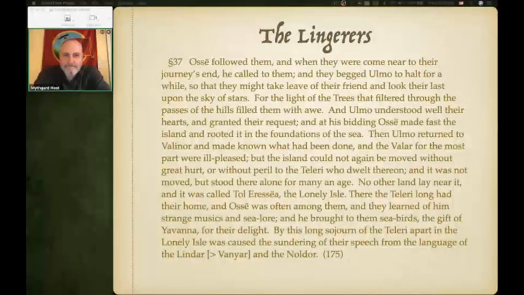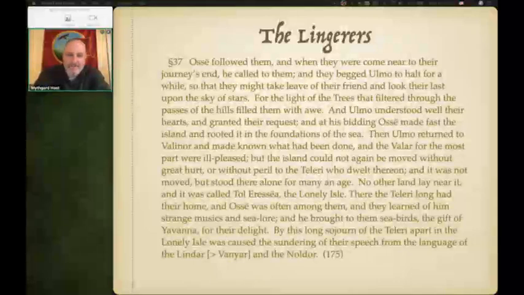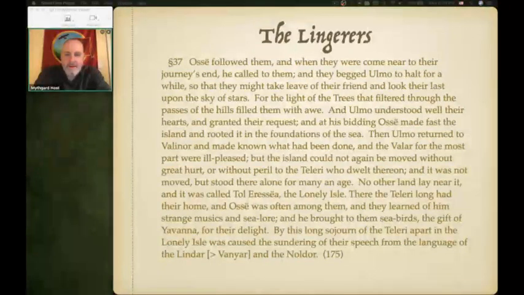Another thing: the most awkward part of this passage. I love this paragraph. There's so much to love about it. The relationship of Ossë and the Teleri, Ulmo's relationship with both Ossë and the Teleri, the disappointment of the Valar and yet their blessing of the elves, that sense of approaching paradise but waiting from a distance, and being in awe, feeling desire and yet fear.